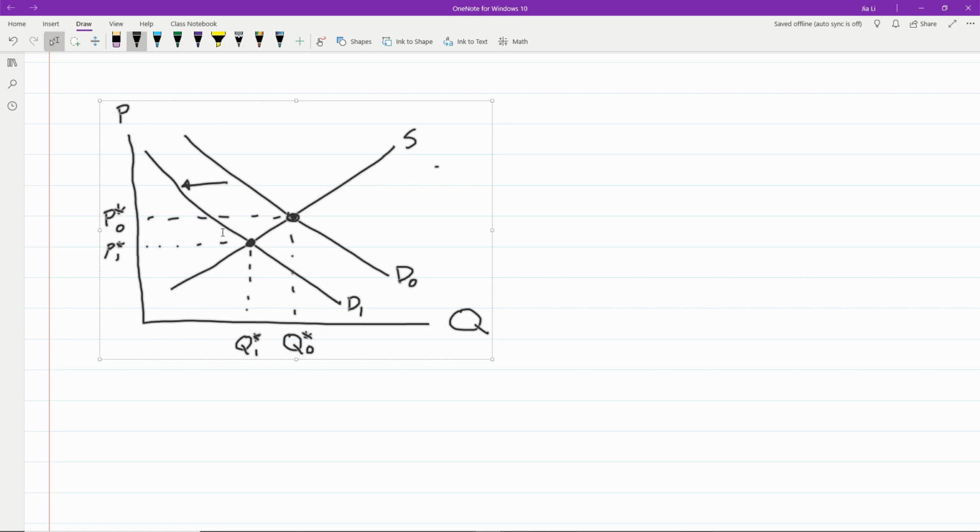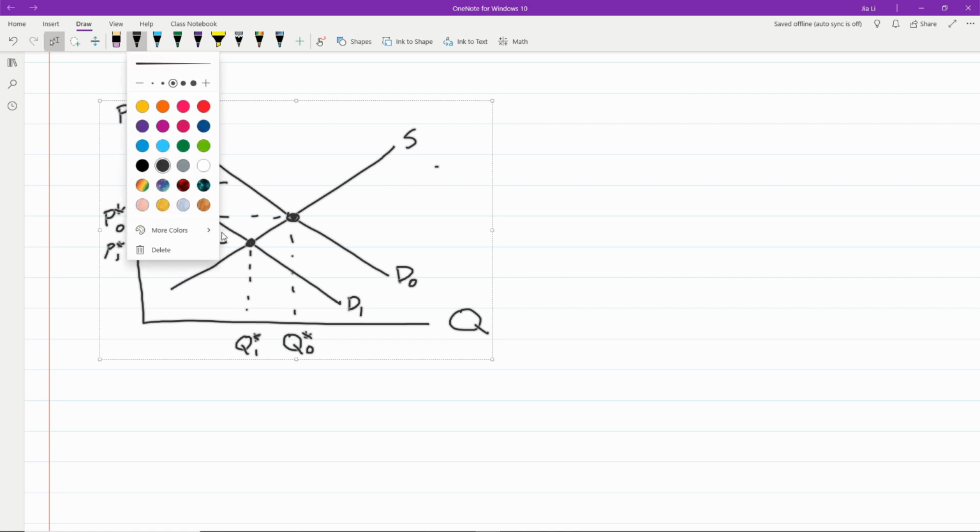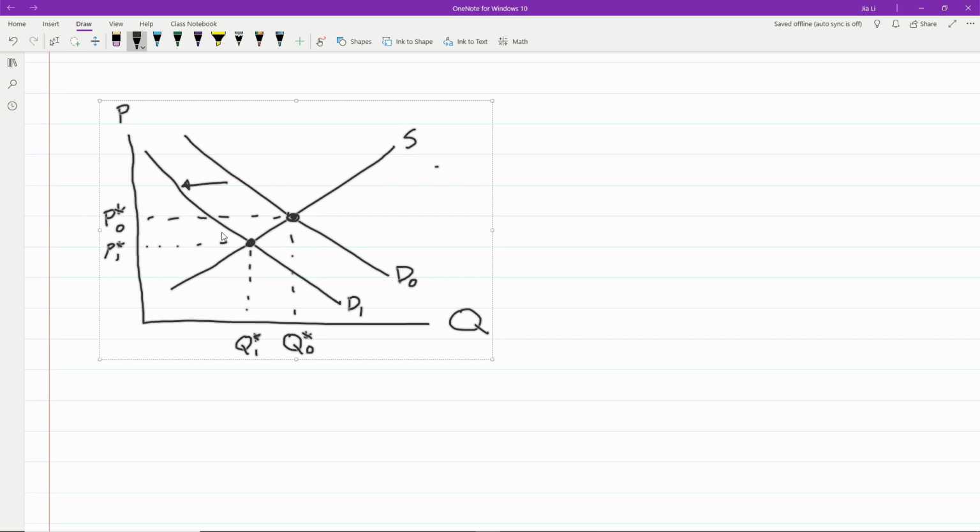An important thing to note here that I want to point out is the reason why the price and quantity decrease. I want to make sure that the mechanism for why the equilibrium price and quantity decrease is very clear here.